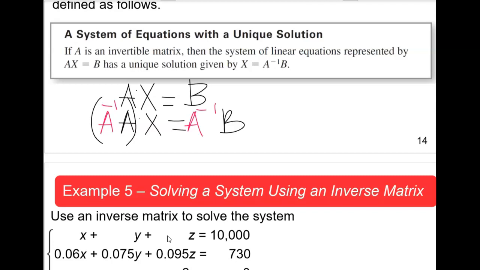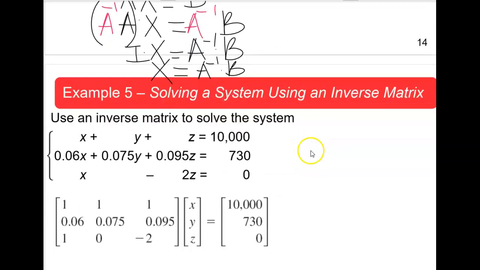If we group A inverse, we get the identity matrix, and this is A inverse times B. So the unknown matrix, or the numbers of the unknown variables, will be found by multiplying the inverse of the coefficient matrix times the constant terms of the system of equations.